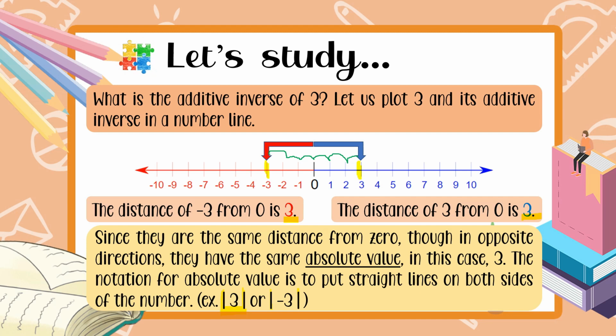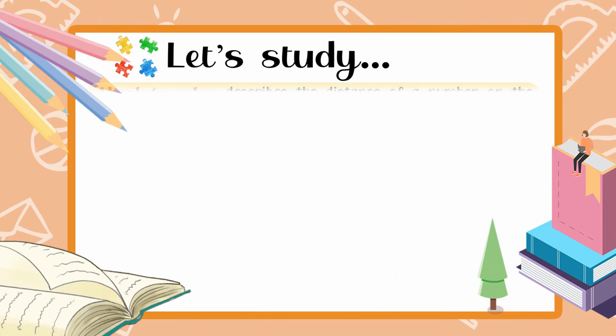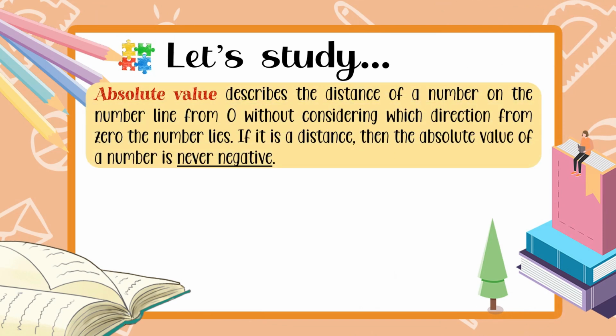Ito namang statement na to, this one, the absolute value of negative 3. Absolute value describes the distance of a number on the number line from 0 without considering which direction from 0 the number lies. If it's a distance, then the absolute value of a number is never negative.